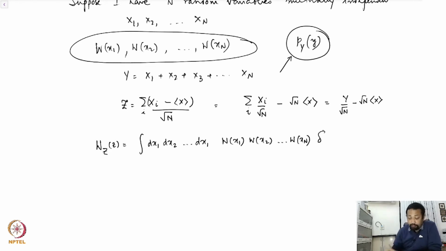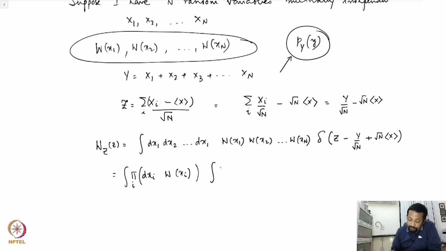Not only that, now I also have to make sure that z has this particular form, which means delta of z minus y over square root n plus square root n times average x. So let's compactify our notation a little bit, and we write the product of w(xi).